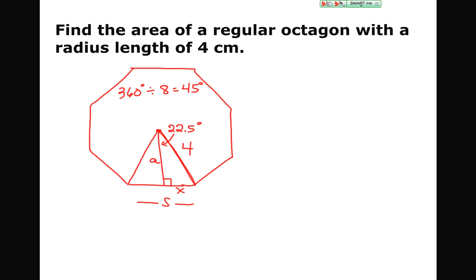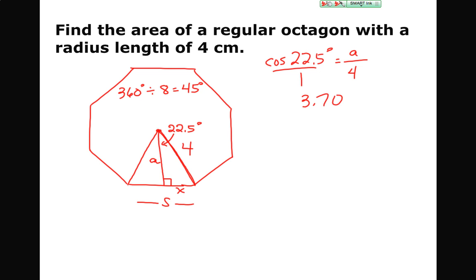Cross multiply. So let's do 4 times the cosine of 22.5. So you don't have to do this dividing. Just 4 times. Your apothem was 3.70. Apothem would have been cosine of 22.5 being a over 4.